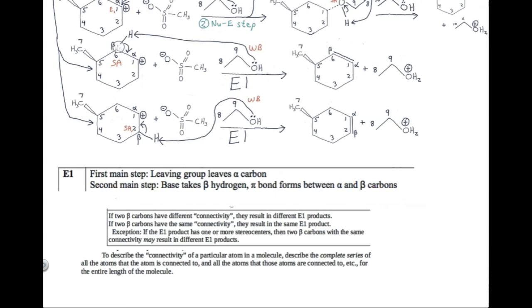For example, carbon-6 is connected to a carbon that's connected to a methyl group, whereas carbon-2 is connected to a carbon that's connected to a carbon that's connected to a carbon that's connected to a methyl group. That's a series of atoms, and since those two series were different, we can see that those two atoms have different connectivity, and we can trust that they'll give us two different products. And then we can confirm that the two alkene products really are different when we've finished drawing them, as we have here.